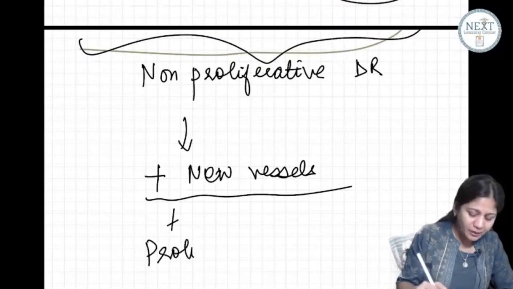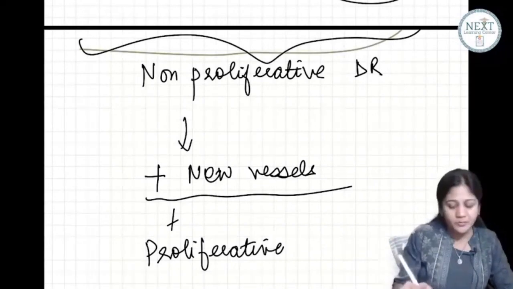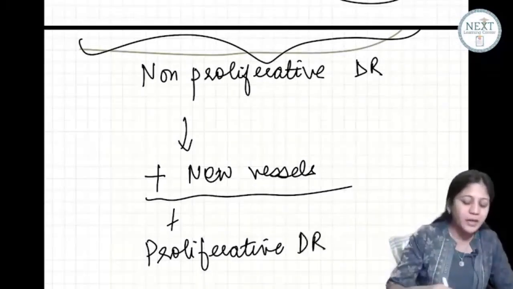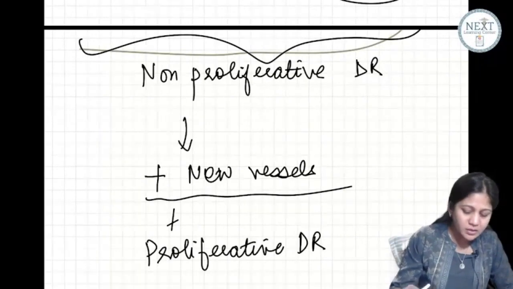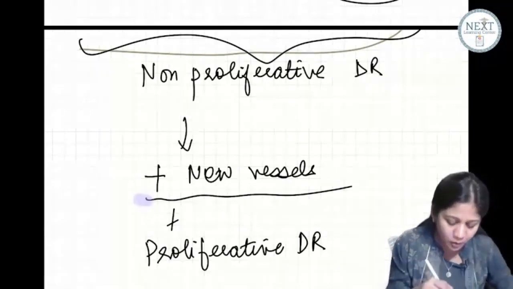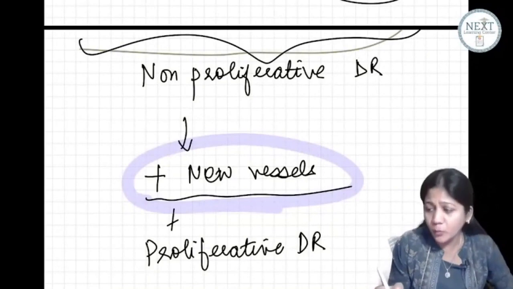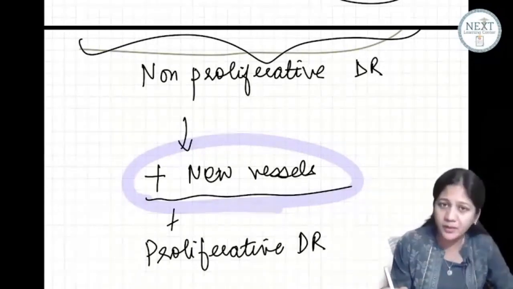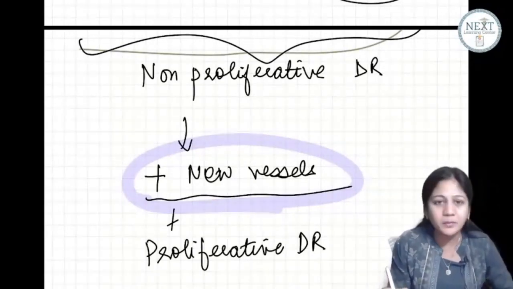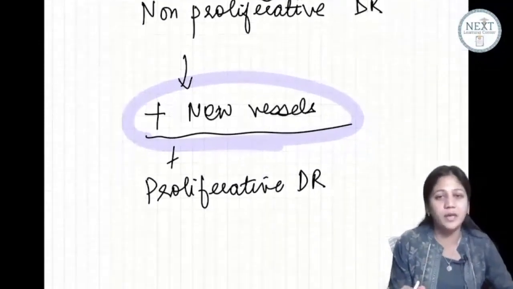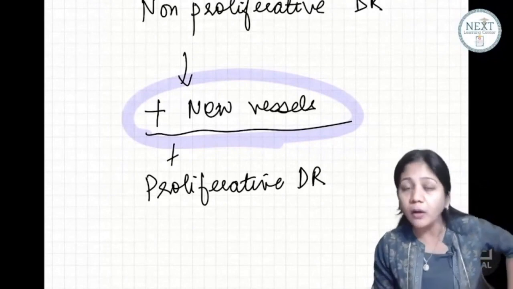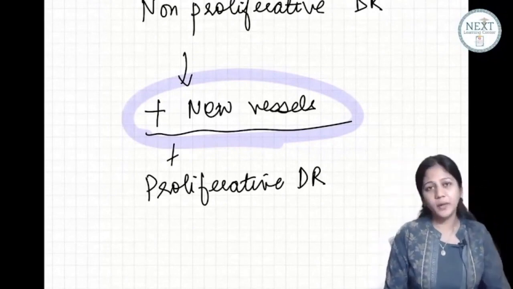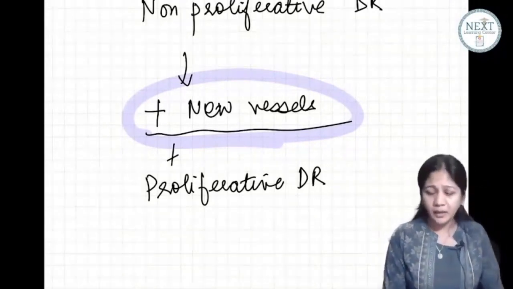So diabetic retinopathy can be broadly divided into two: non-proliferative or proliferative diabetic retinopathy. Is it clear, friends? What is the basis of differentiation? It is the absence or presence of new vessels. If new vessels are present, you will call it proliferative. If new vessels are not present, you will call it non-proliferative. So you can have only microaneurysms or you can have all the things together.